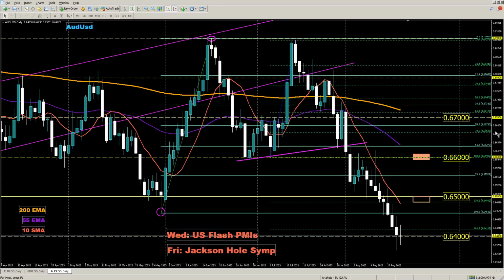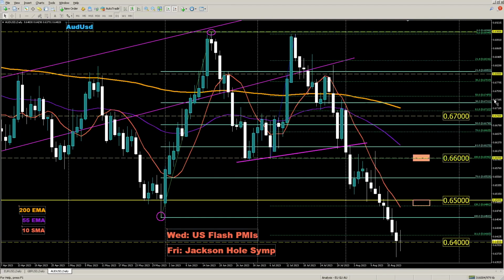So very critical time for the Aussie dollar. And we'll see if any of these upcoming news this week will have any impact on the US dollar, as there's no news from the Australian economy this week, so it needs a weaker US dollar in order to recover and bounce back up.